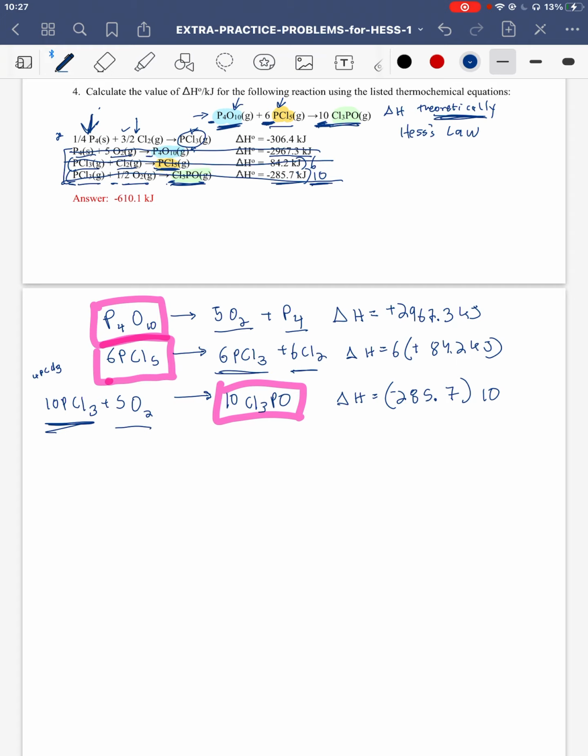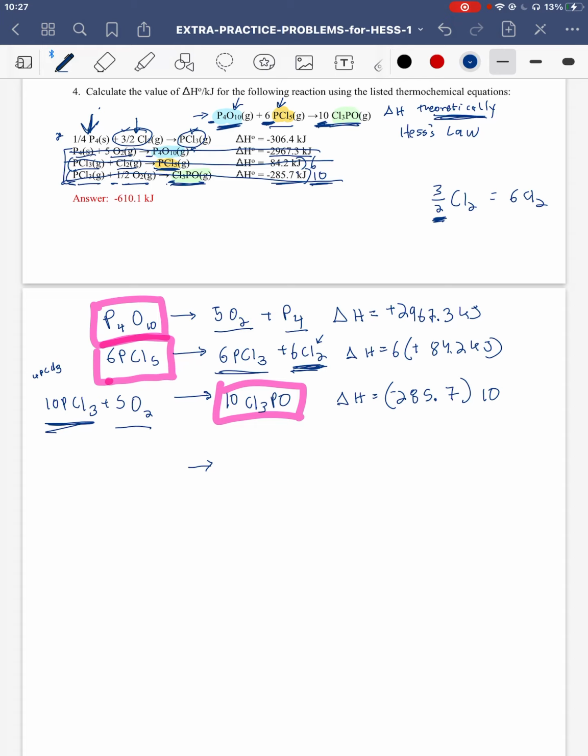So I need chlorine to cancel. Right now I have 6 chlorines on the right and none on the left. So if I want this 3 halves Cl2 to give me 6 Cl2 so that it'll cancel, what would I need to multiply my 3 halves by?